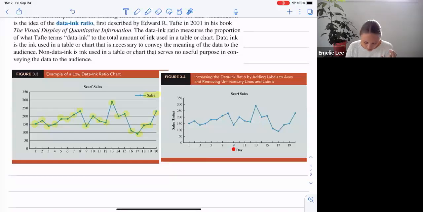We've increased the amount of data information by including that this is the day. That actually wasn't clear here. We had the axes, but then we didn't know what it was. And so there's something missing from the data.